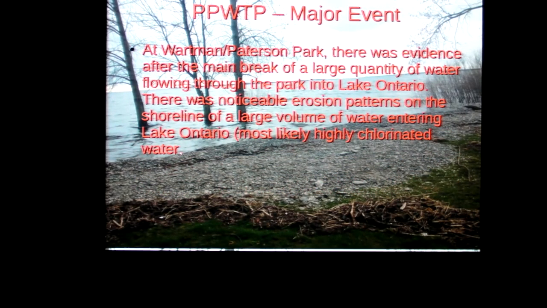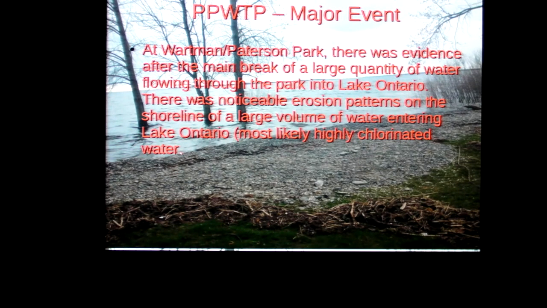So, at Wortman Park, or it's also called Patterson Park, which is right by the Point Pleasant Water Treatment Plant, just south of it and directly to the west of it, there was evidence after the main break of a large quantity of water flowing through the park into Lake Ontario. So it wasn't some water, like this was a huge torrent. And there was noticeable erosion patterns on the shoreline of a large volume of water entering Lake Ontario.